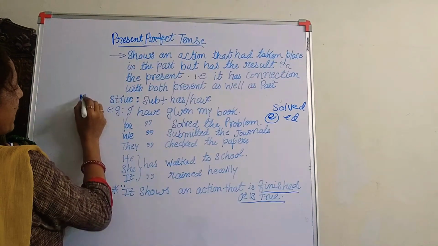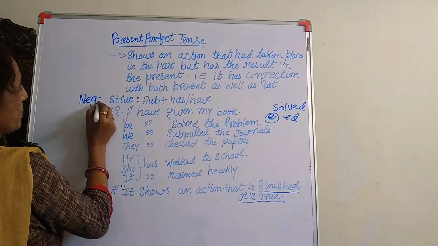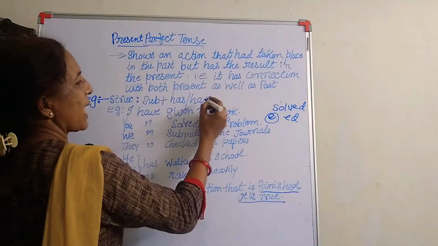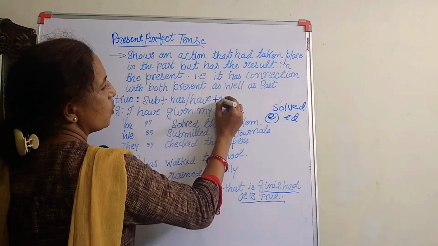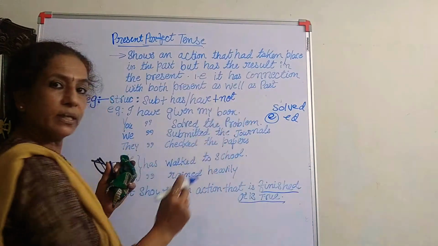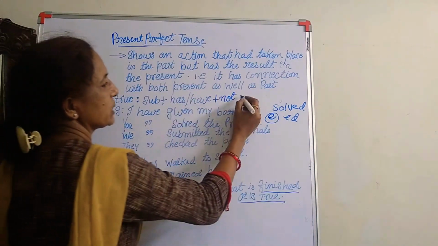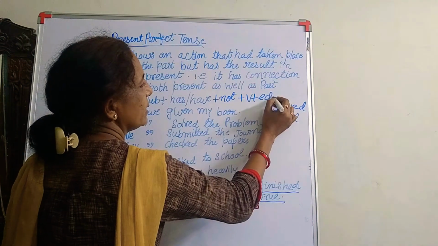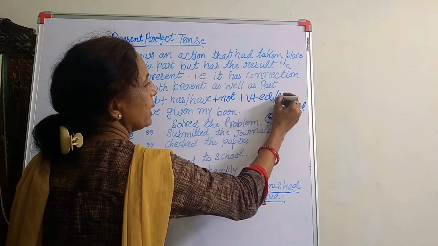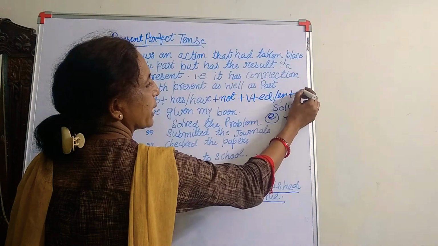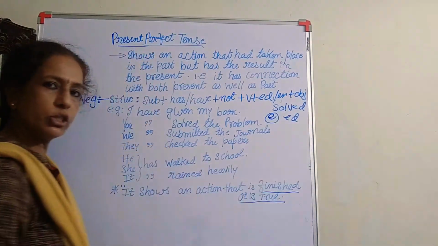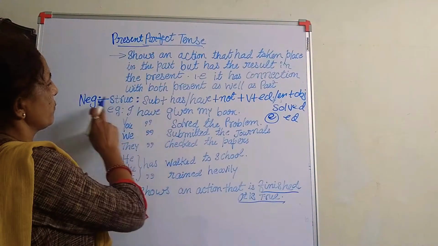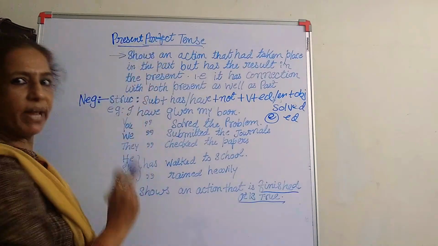In case of negative structure, just see: subject plus has or have, then a not will be added to show the negation, plus the verb plus ed or en as it turns up to be, and the object to give it a conclusion. This will be the structure of a negative present perfect tense.